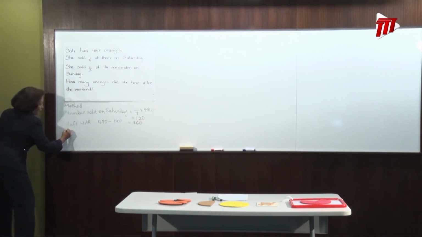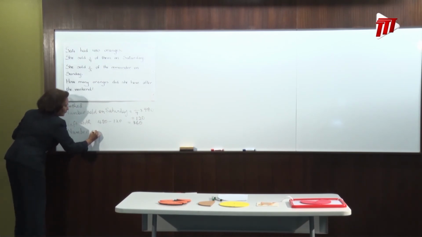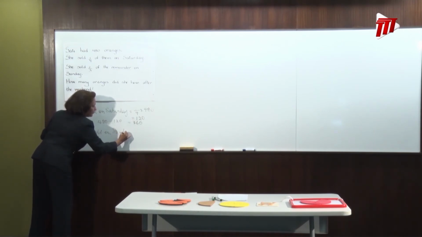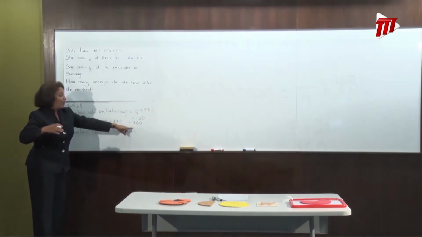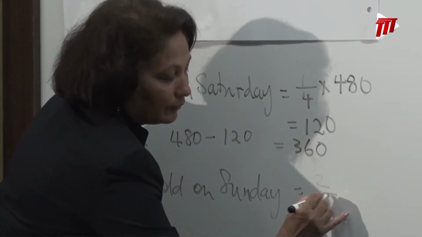So the number she sold on Sunday was 2/3 of this 360. Remember, that is what she was left with. So we find 2/3.